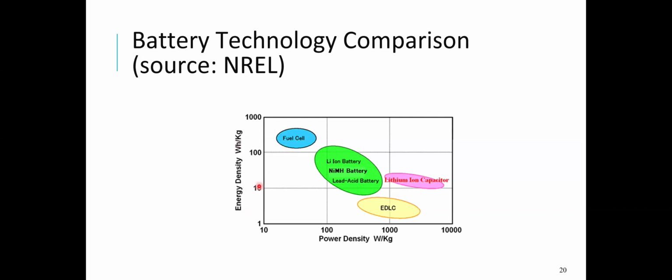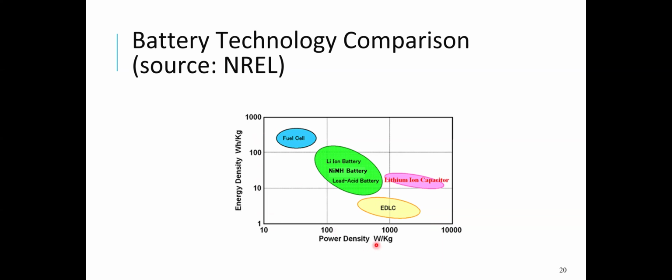So here's an example of a Ragone plot. On one axis, we have energy density, again on a logarithmic plot, and on another axis, I have the power density. Energy density is watt hours per kilogram, and power density is watts per kilogram. So I can think of these axes as the peak power I can extract out of my energy storage device, and for how long I can extract energy out of the battery.